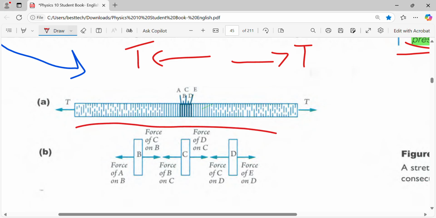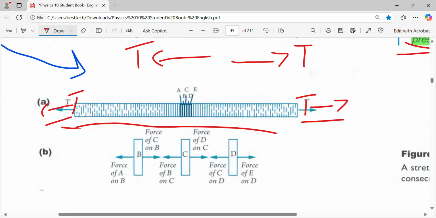We applied two forces in opposite directions. So the first T is from the right and the other T is from the left. That means the type of force we applied on this spring is stretching. Why stretching? Because one T is from the right and the other T is from the left, in opposite directions. One of them stretches from the right, the other from the left.